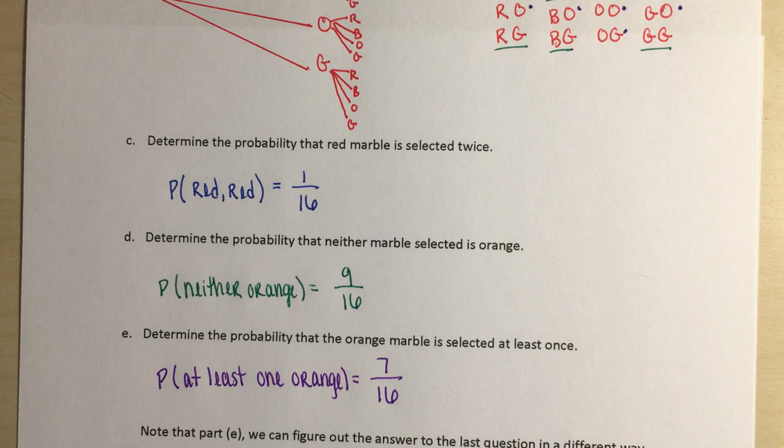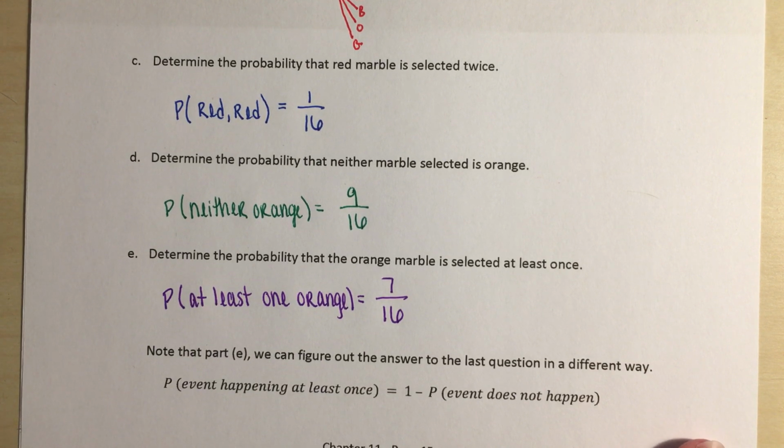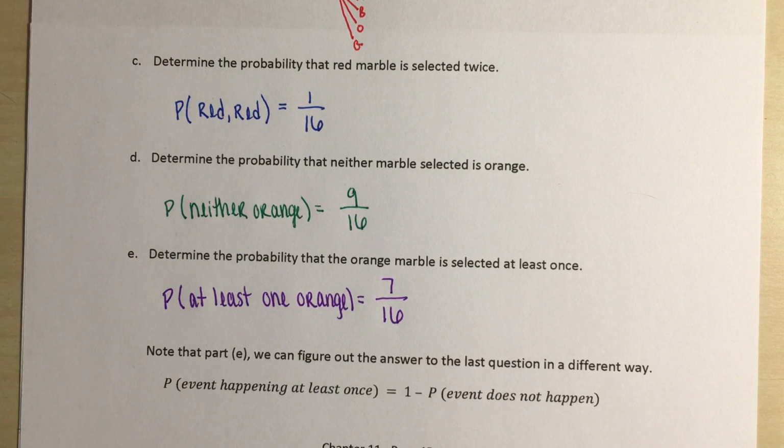Remember that we've talked about complements. Complements are the relationship between 2 events, one that does happen, one that does not happen. So one alternate way we could have answered part E: we could have said that the probability of our event happening at least once is 1 minus the probability that the event does not happen.